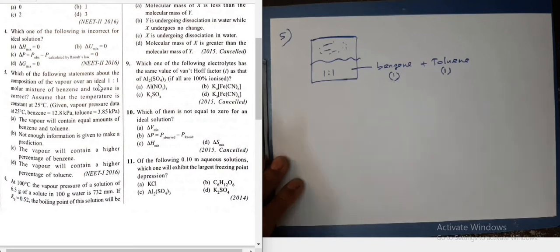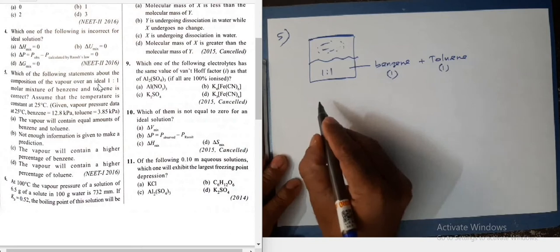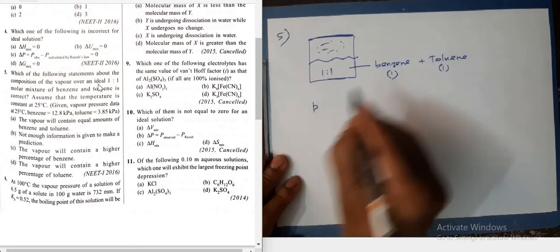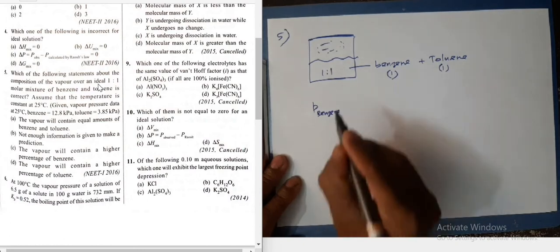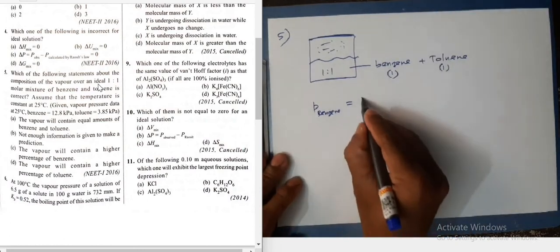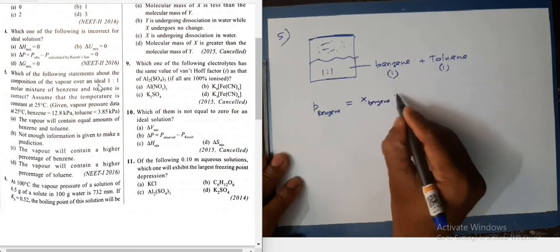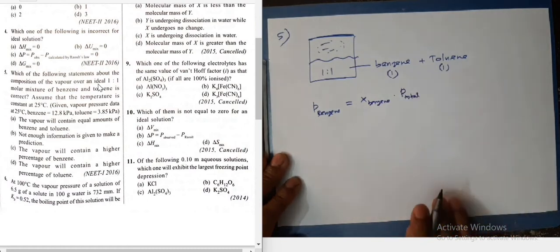In an ideal solution, you know very well, the partial pressure of benzene, according to Raoult's law, is equal to the mole fraction of benzene into total pressure.